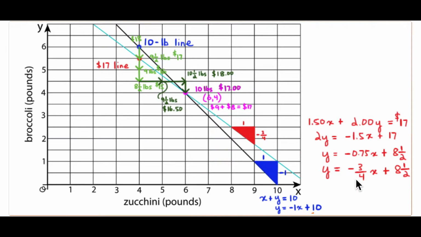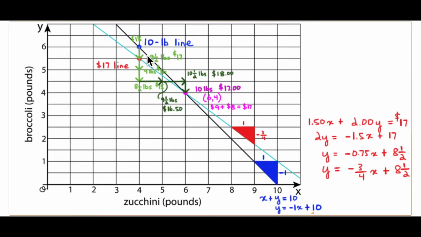That is the difference in the slopes. So this slope here is actually the absolute value of the slopes. So this slope here, the absolute value is 1x. This is the absolute value of 3/4 x. That difference is 1/4 x, or 1/4 of a pound of broccoli for every pound of zucchini.